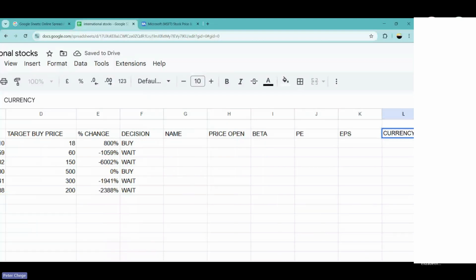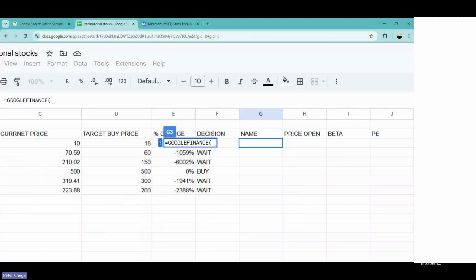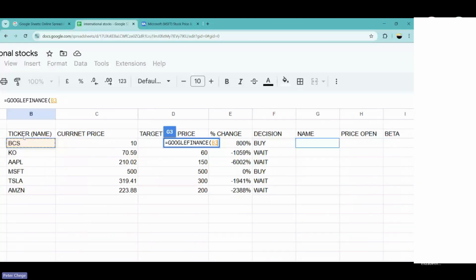So again, we go to our formula. If you are putting name, it's equals GOOGLEFINANCE. The first thing you need to put is the code of that security. So backtrace. Then comma, you don't need to type it, you only reference the ticker.